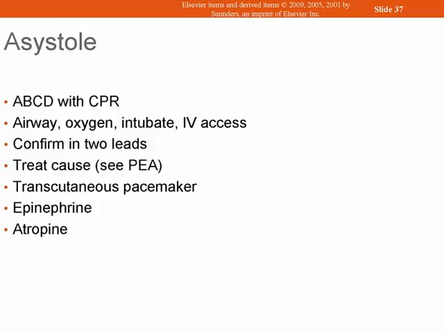You treat the cause just like PEA. So asystole is typically a PEA issue. Treat the cause. Remember, 5H4T. You can use a transcutaneous pacemaker. You can try to pace a rhythm. You can give this patient epinephrine and atropine, but do not give them any electricity. Okay?